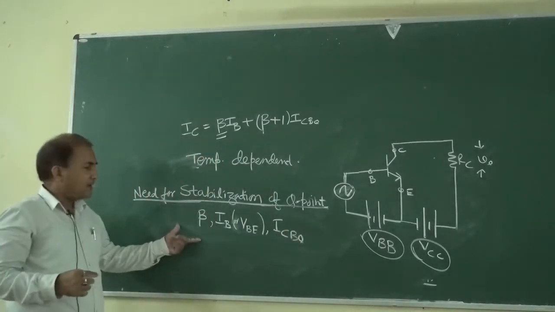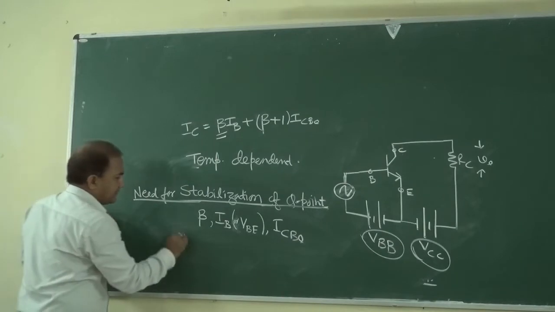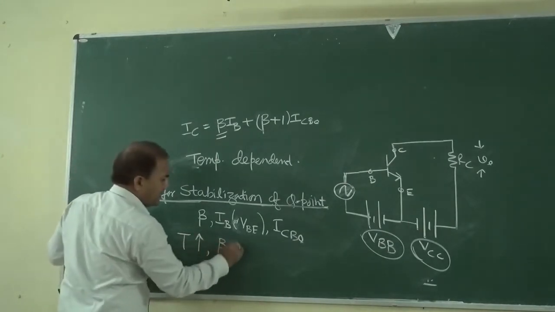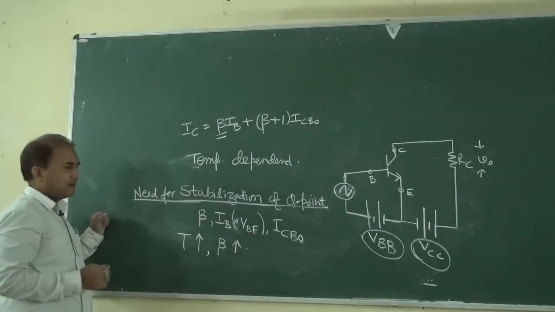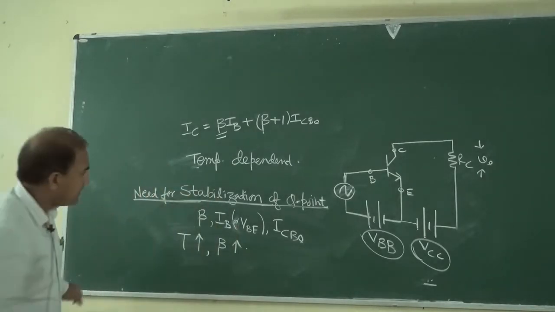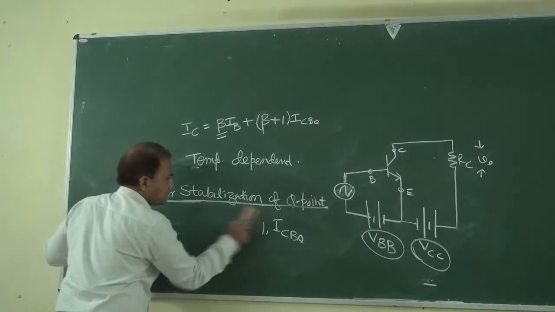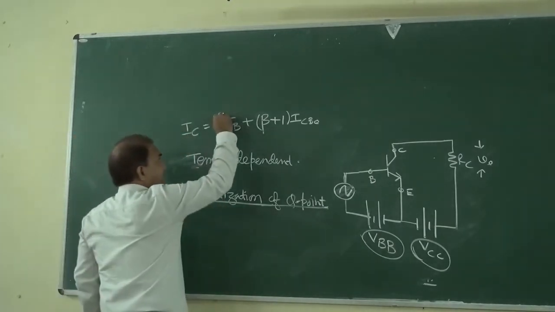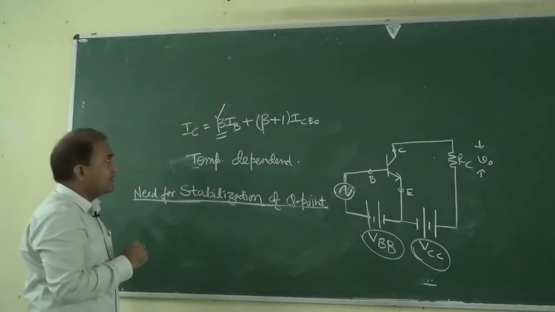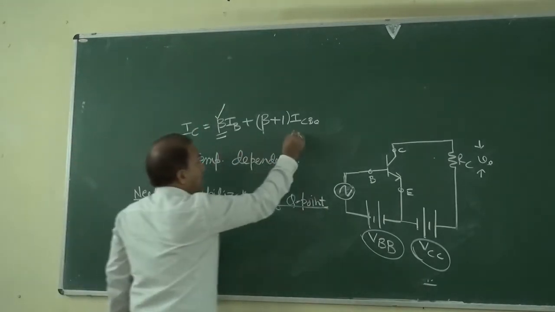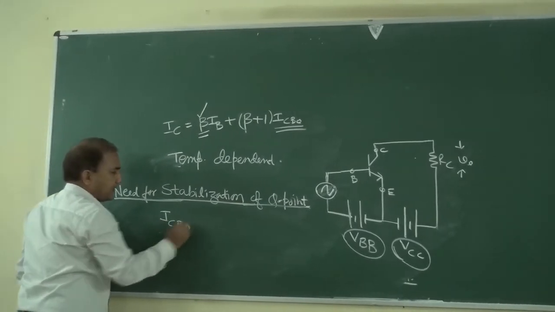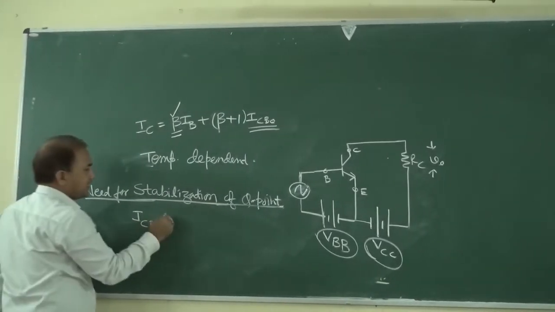Now, if temperature increases, then beta also increases. Then ICBO doubles.